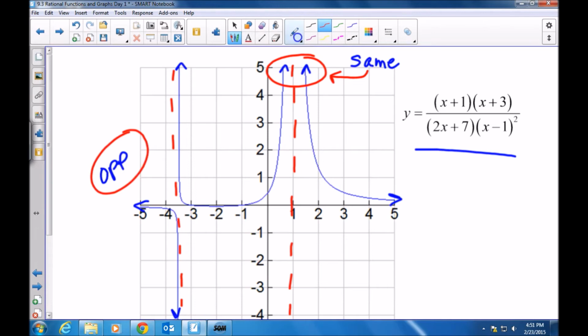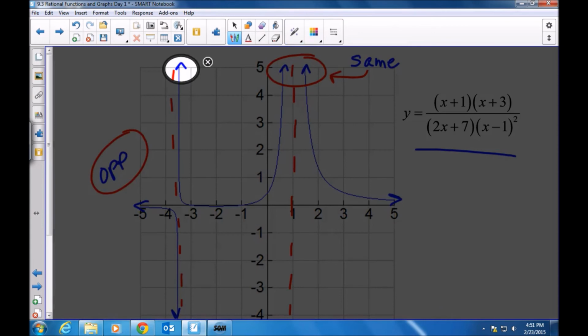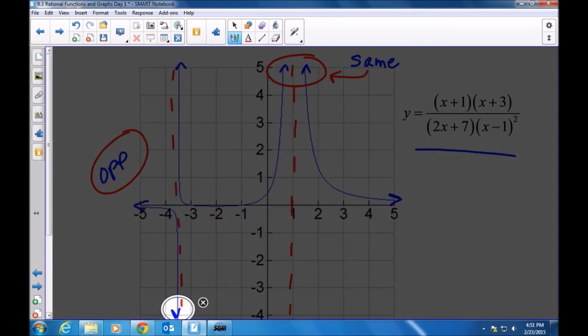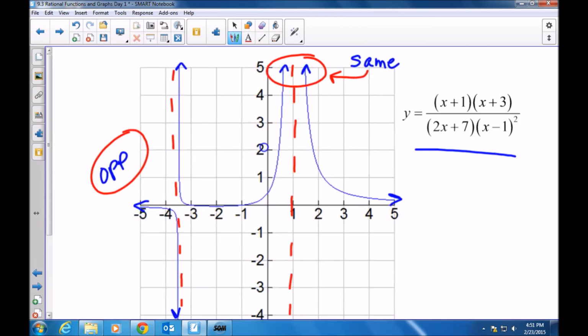If you notice over here, this arrow along this vertical asymptote is going up. The opposite of up is down, and notice at the bottom of the vertical asymptote, the arrow is going in the opposite direction. So I just wanted to give you a precursor on that before we jump into the actual lesson.